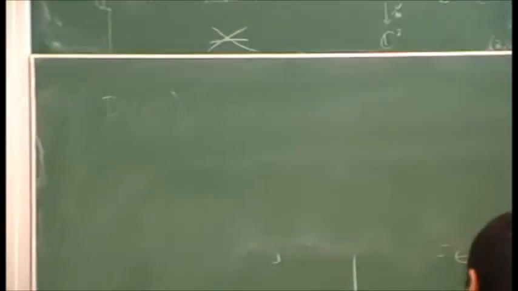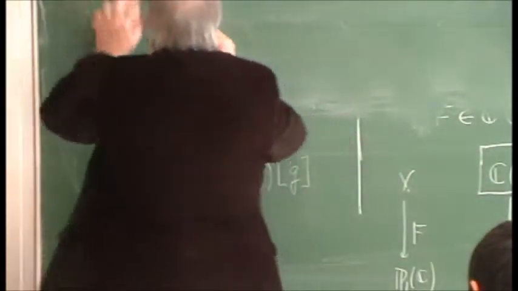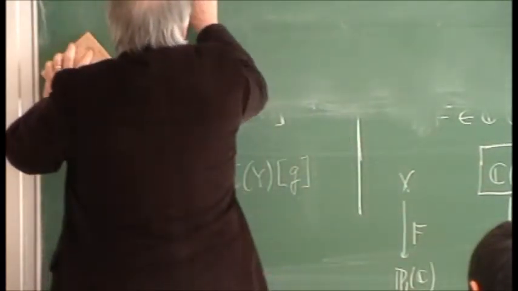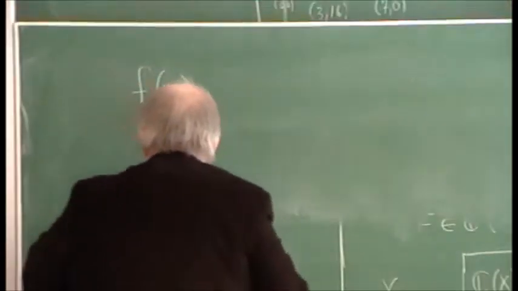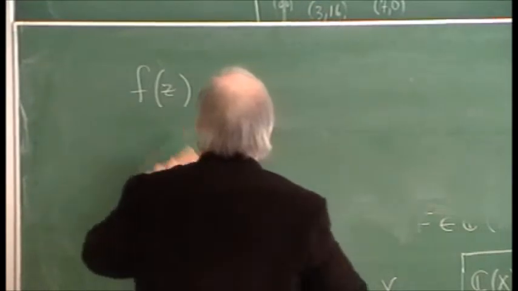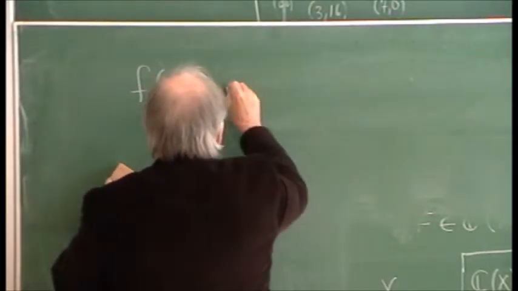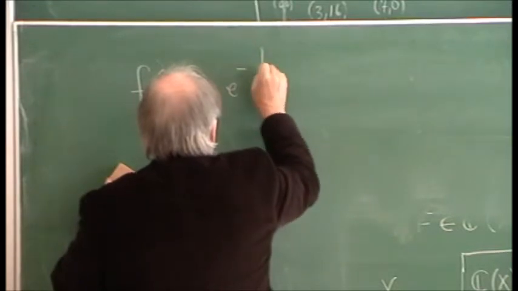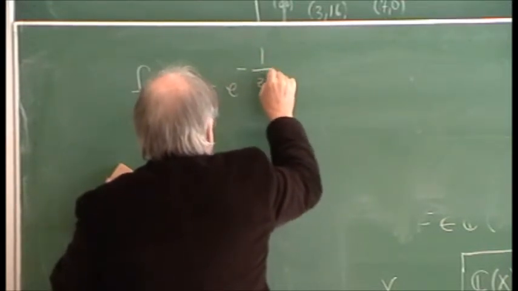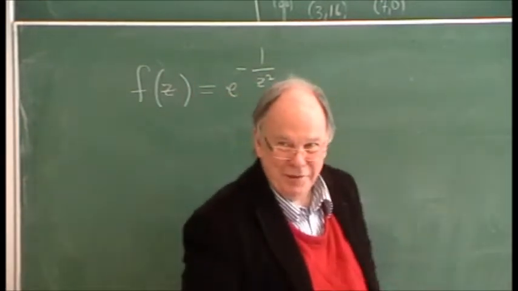Let's take your favorite essential singularity. So f of z on the complex plane, I will define to be e to the minus 1 over z squared. I always have a Gaussian in my head. I'm sorry, I come from probability theory.